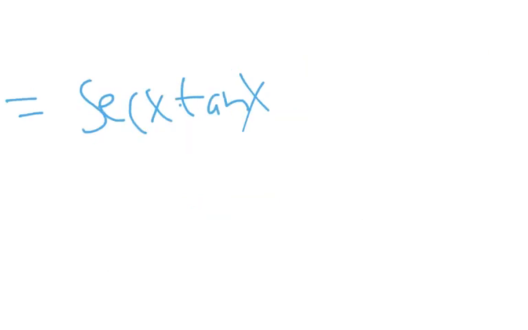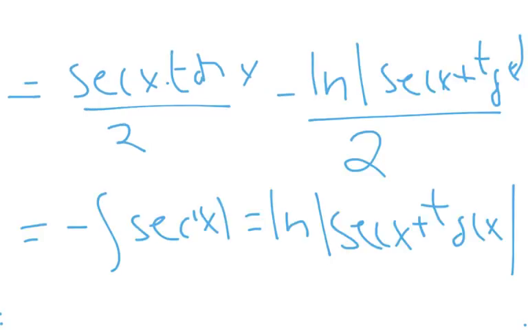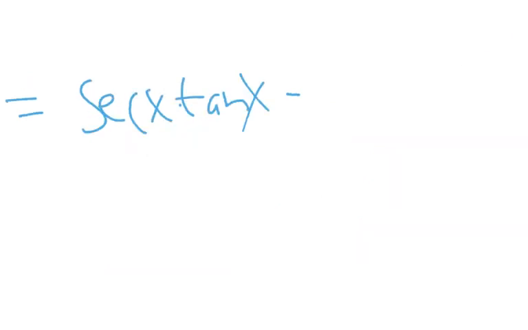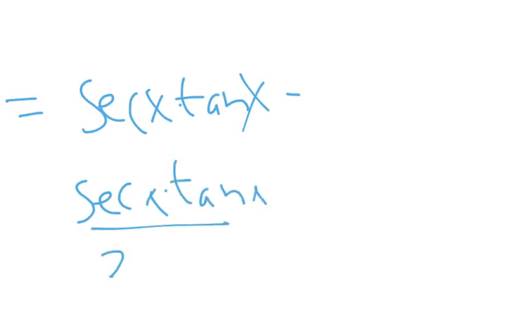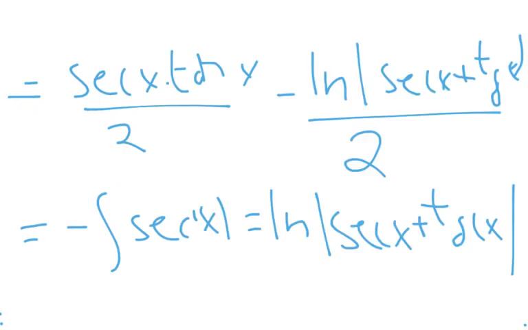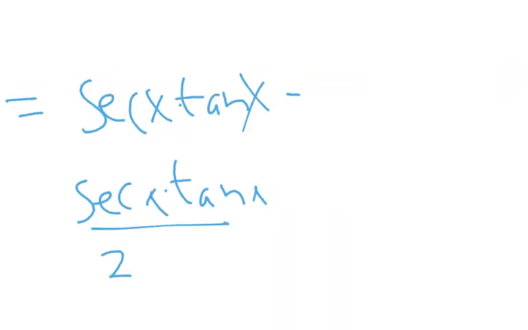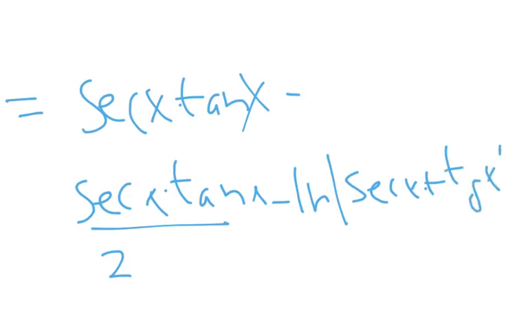So secant of x times tangent of x minus, and then we start putting everything. So secant x times tangent x over 2, and then our minus ln secant of x plus tangent of x.